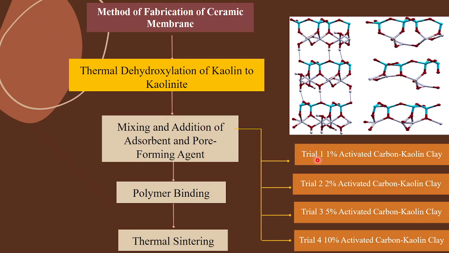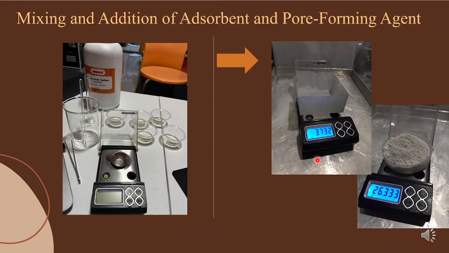So in here, about 150 grams of kaolinite clay sample obtained was subjected to the thermal dehydroxylation process. Moderate thermal treatment of kaolinite affects its cation exchange capacity and further enhances its stabilization properties.